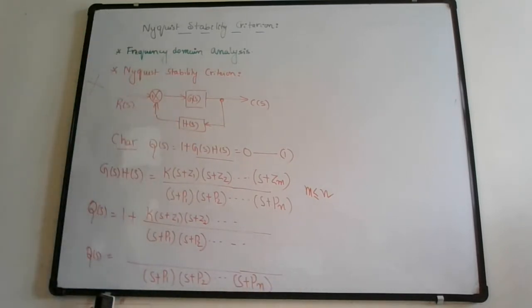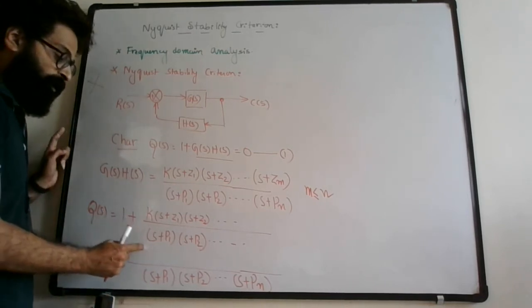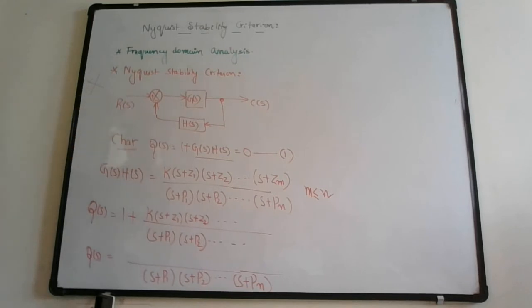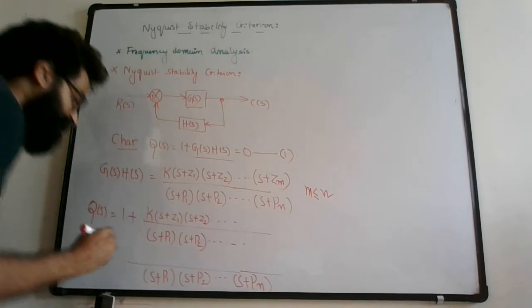On the other hand, the numerator is going to change, right? So numerator will have open loop poles as well as the zeros, right? So let us rewrite the numerator.